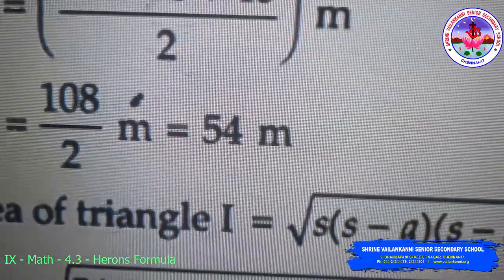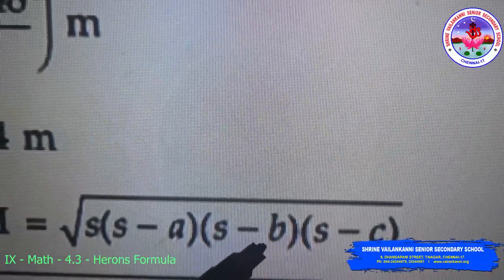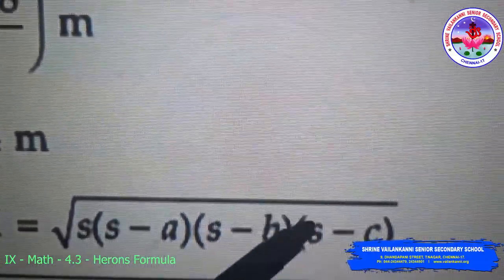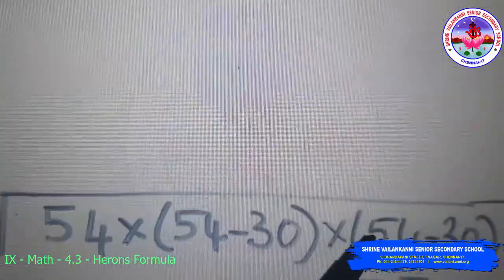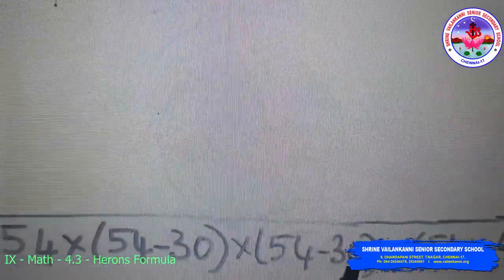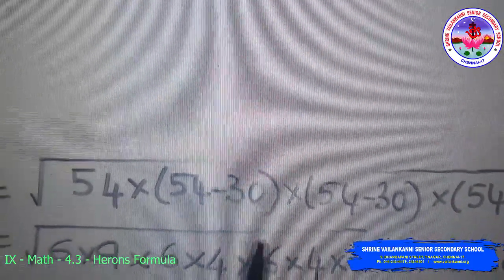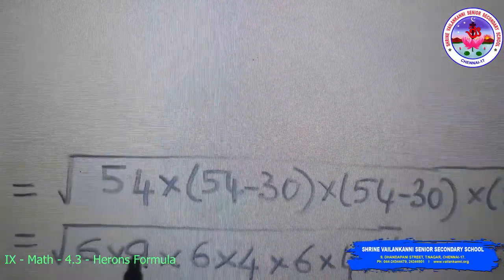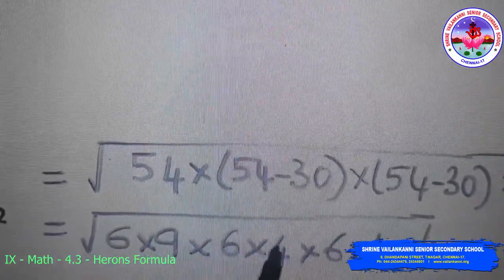Area of the triangle is equal to square root of S into S minus A into S minus B into S minus C. Substituting all the values here, we get square root of 54 into 54 minus 30 into 54 minus 30 into 54 minus 48, where S is 54, and A, B, C are 30, 30 and 48. When you simplify here, you will get square root of 54, which I am splitting as 6 into 9, 54 minus 30, which is 24, I am splitting as 6 into 4.